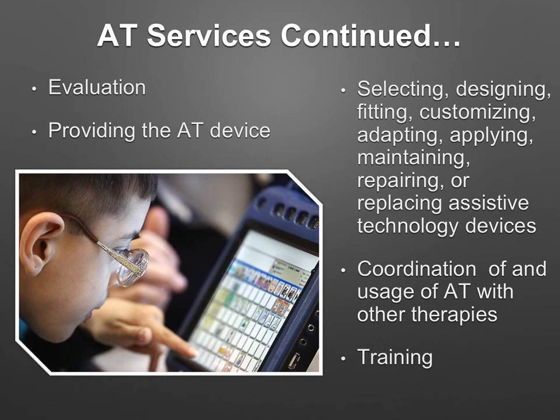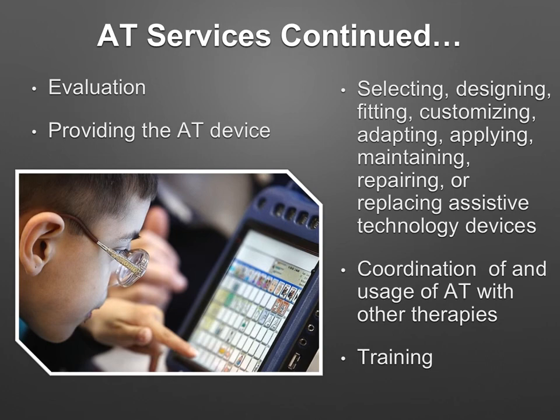And training. Training or technical assistance for this child, or where appropriate, the family member of this child. This also includes training or technical assistance for professionals, including individuals providing education and/or rehabilitation services, employers or other individuals who provide services to, employ, or are otherwise substantially involved in the major life functions of the child.